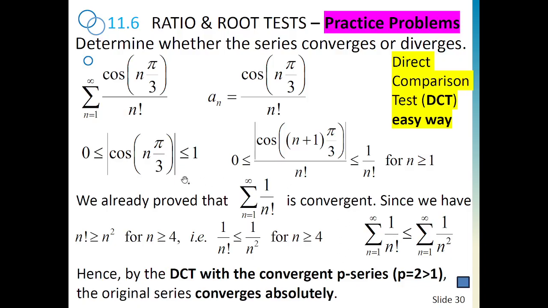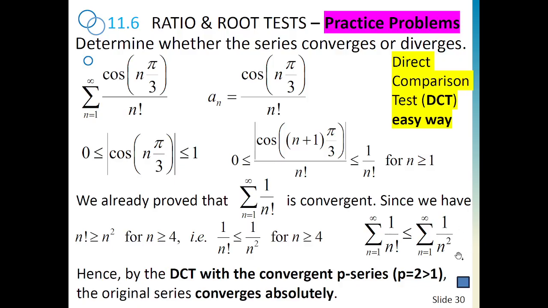So just by observing this, I simplify my life. Obviously, we know that the series of 1 over n factorial is convergent because n factorial is bigger than n squared for certain values of n. So now we flip it. So 1 over n factorial is smaller than 1 over n squared. So the series of 1 over n factorial is smaller than the series of 1 over n squared, obviously these are positive terms.